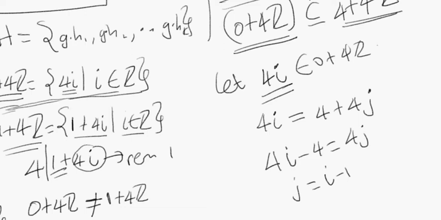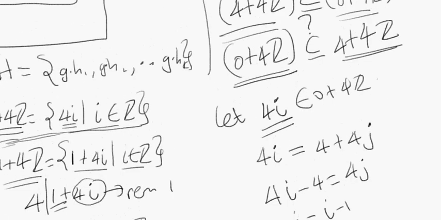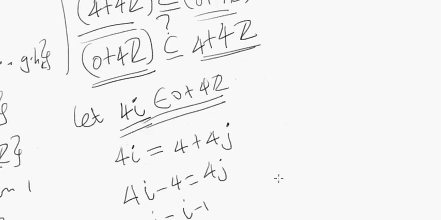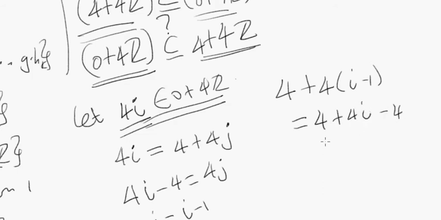So it turns out that if we have some 4i, an element of 0 plus 4z, consider the element 4 plus 4 times (i minus 1). What do we notice? Well, this is the same as 4 plus 4i minus 4, which gives us 4i. But remember, if i is an integer, i minus 1 is also an integer.